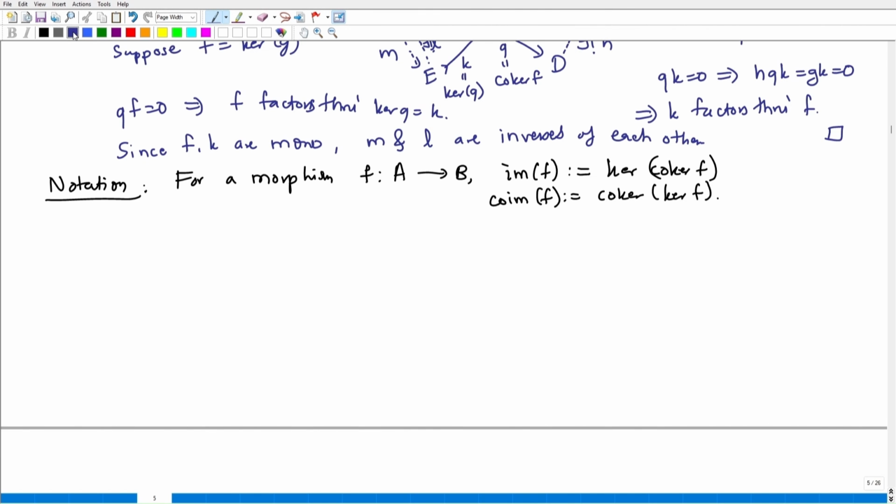So now we will prove this image factorization exists in any abelian category. Maybe I should define an abelian category first, then we will talk about this. A pre-additive category A is abelian if, first of all, it is additive.